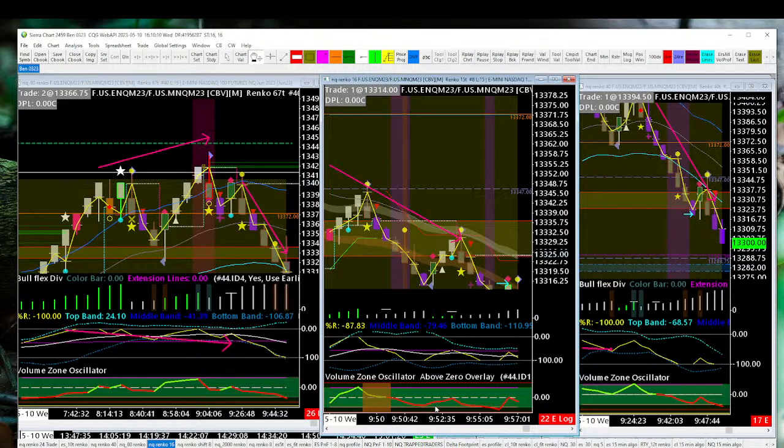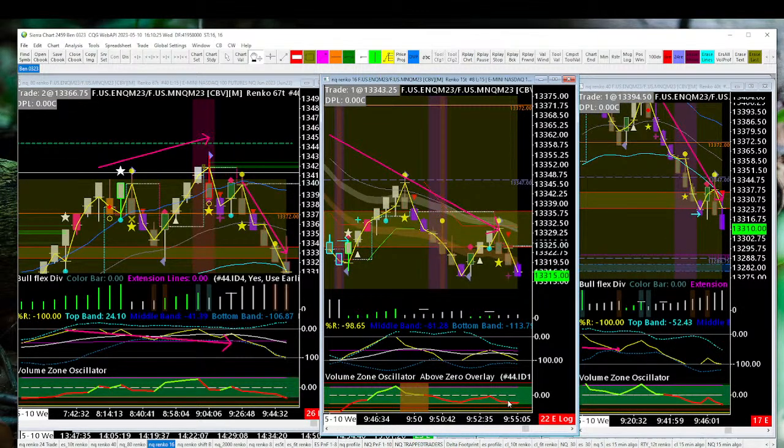And it has to be natural divergence, not hidden divergence, because the trend is bearish. I only want to use hidden divergence with the trend. So if I find hidden divergence to the downside, like a higher high on the indicator, but a lower high on price, that means I have even more room to short.